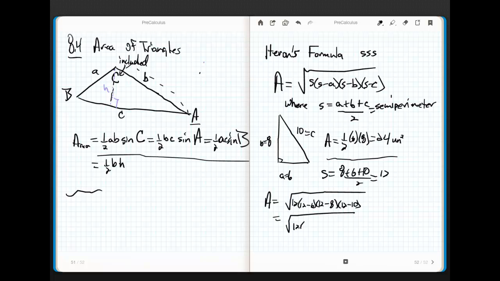So 12 times 6 times 4 times 2. You may say, Ripley, that's going to be an ugly square root. Not really. Do you agree that 2 times 12 is 24? So this is the square root of 24, and then 6 times 4 is 24. The square root of 24 times 24 is the square root of 24 squared, which is 24. Isn't that awesome? It's fun to use.